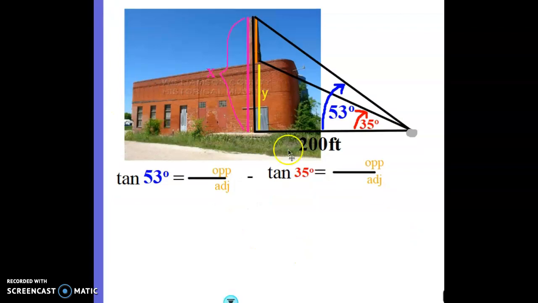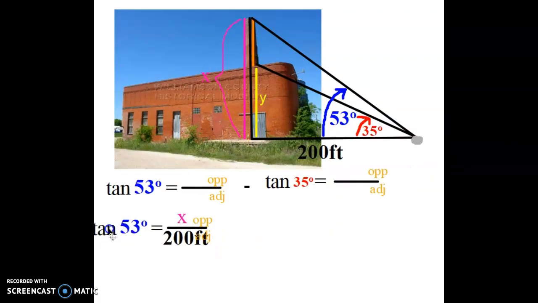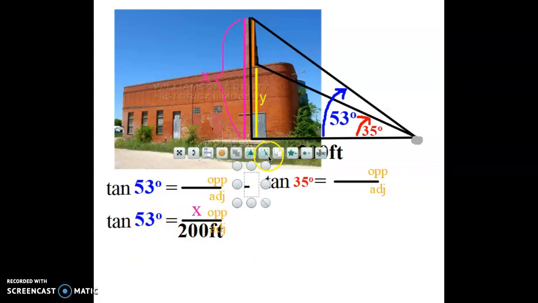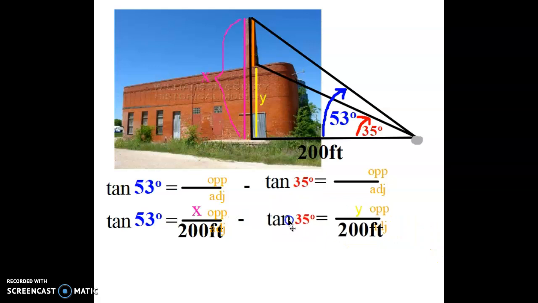So here's our first setup right there. We're going to have to multiply both sides by 200. Let me just copy this and bring it down, and same thing with this here. I filled in Y over 200, opposite over adjacent.